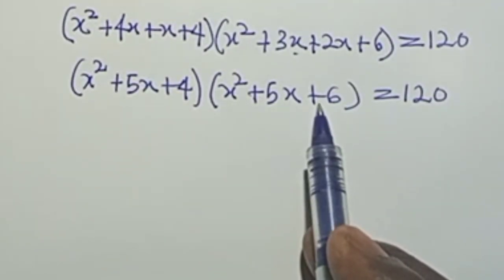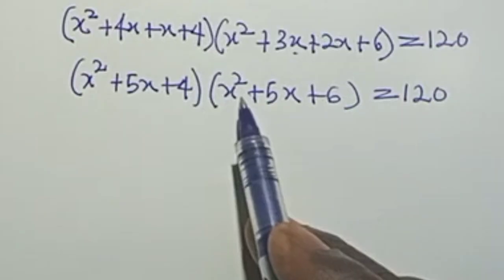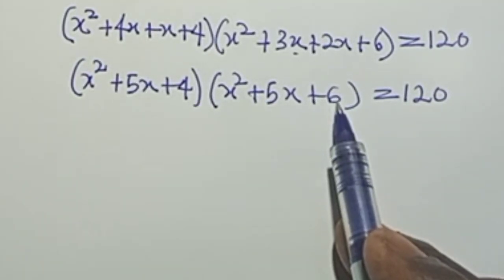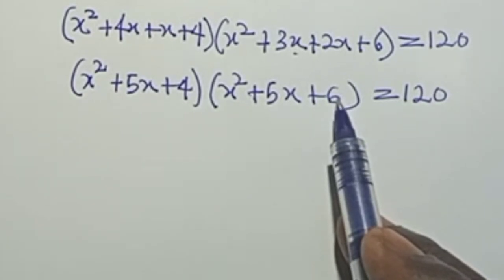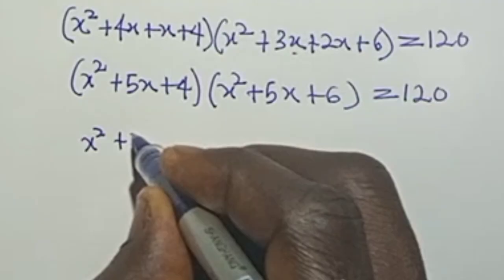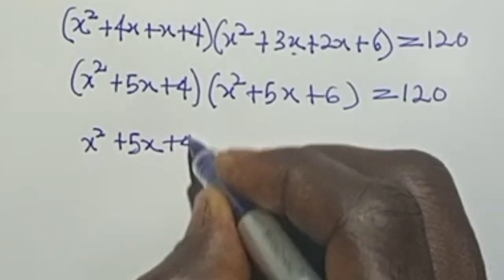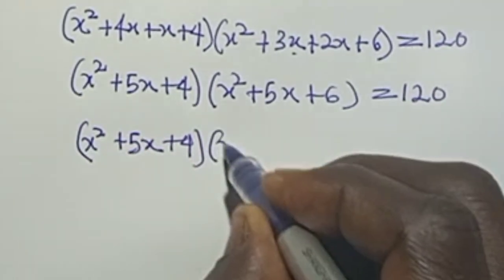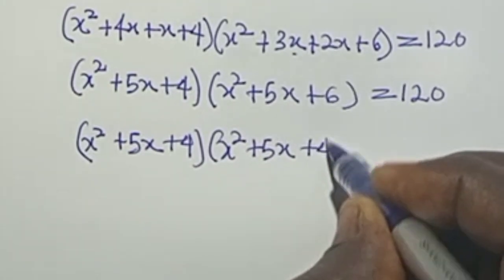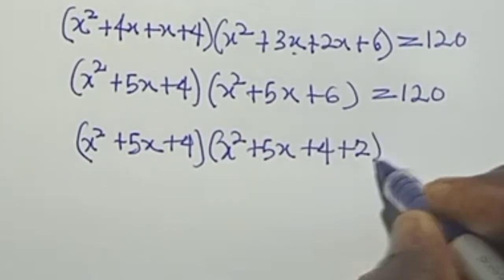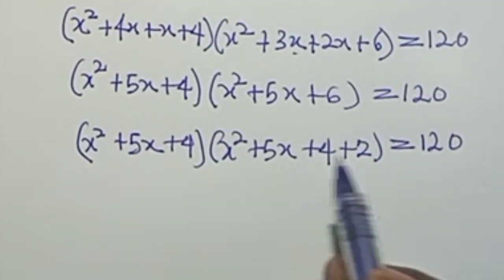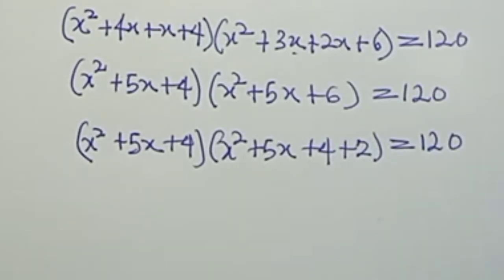So on this line, the equation is already taking a trend: x squared, 5x, 4, and this is 6. So we are going to split 6 into 4 plus 2 so that we can have the first part x squared plus 5x plus 4, times x squared plus 5x plus 4 plus 2, all equal to 120, and we are fine because 4 plus 2 is equal to 6.